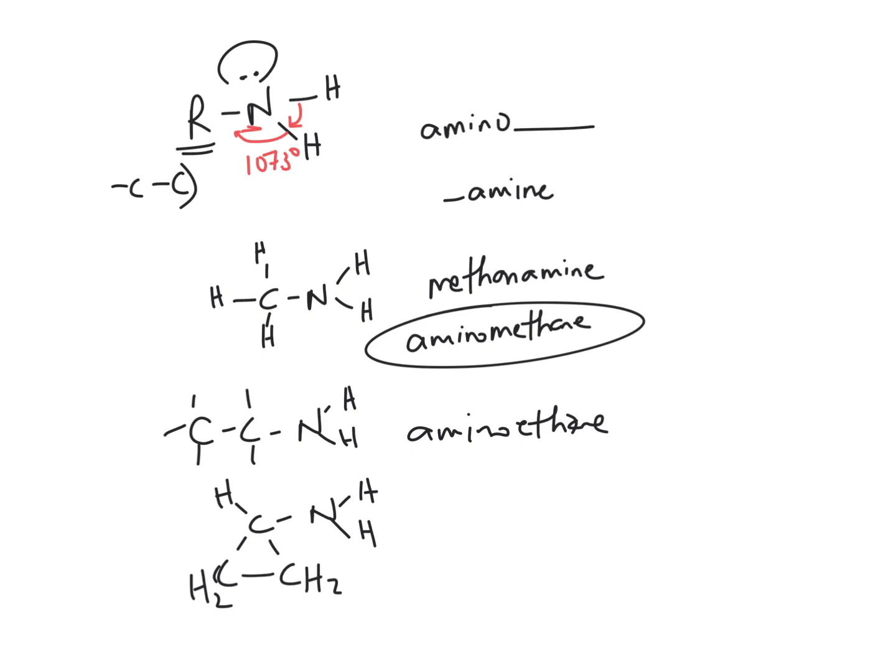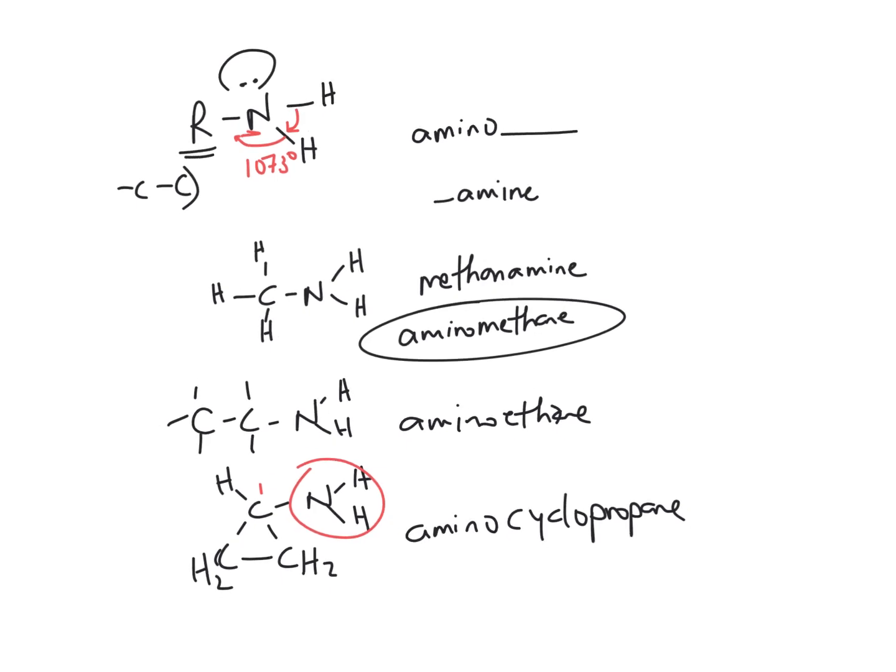So we've got a 3 carbon ring, so we know that that's cyclopropane, and all the bonds are single. So we would just call this aminocyclopropane. There's no need to give the position because like all functional groups, this one gets priority, so this becomes carbon 1. So that would just be 1-aminocyclopropane or just aminocyclopropane.